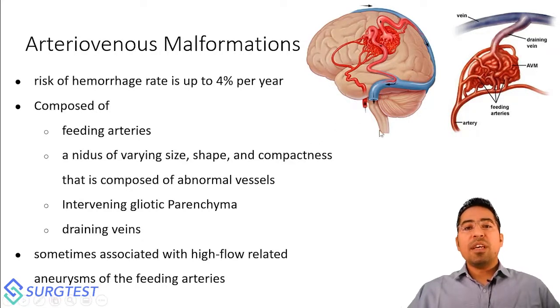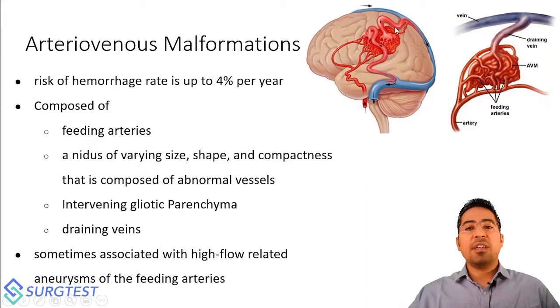Sometimes if there is a high flow AVM, it can also be associated with aneurysms in the feeding artery. Because the blood flow is very fast, they tend to develop aneurysms also.